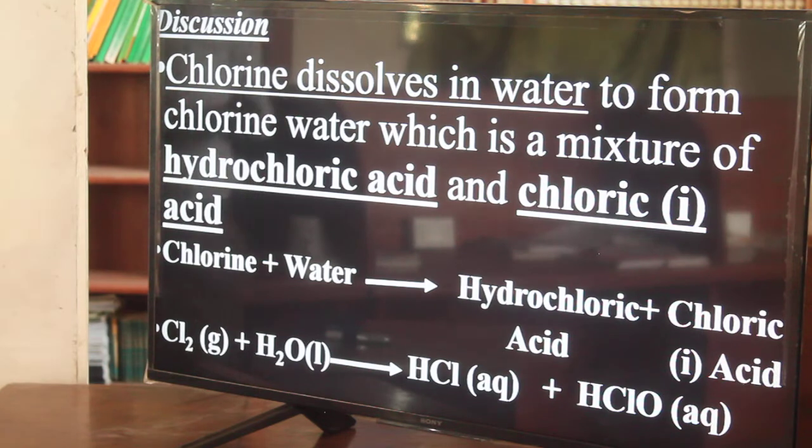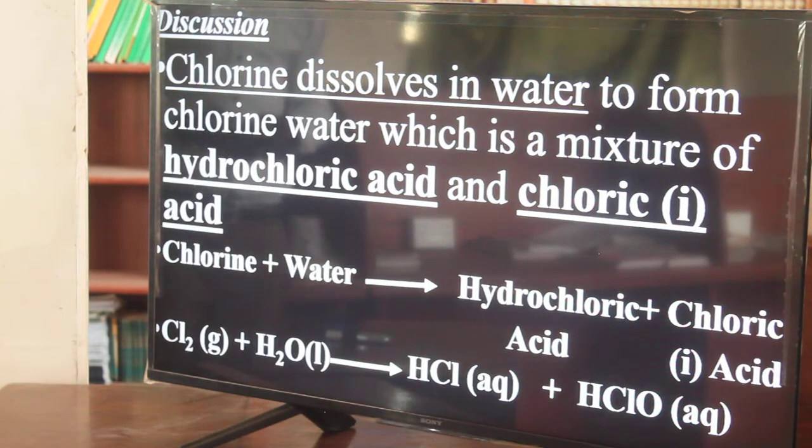Now, chlorine dissolves in water, and when it does, it forms two products. The first product is hydrochloric acid. The other is hypochlorous acid, which you can also call chloric(I) acid. So these are two acids formed when you dissolve chlorine in water.